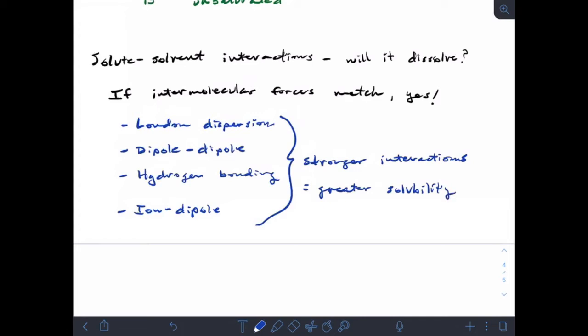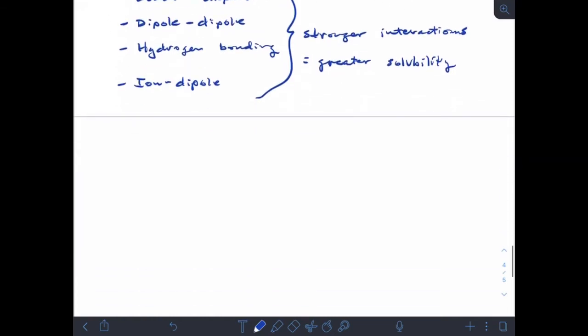So if we have very strong London dispersion interactions versus weak London dispersion interactions, we'll have greater or lesser solubility. If we have strong interactions with some very, very polar molecules, so strong dipole-dipole interactions, we'll have greater solubility, etc., etc.